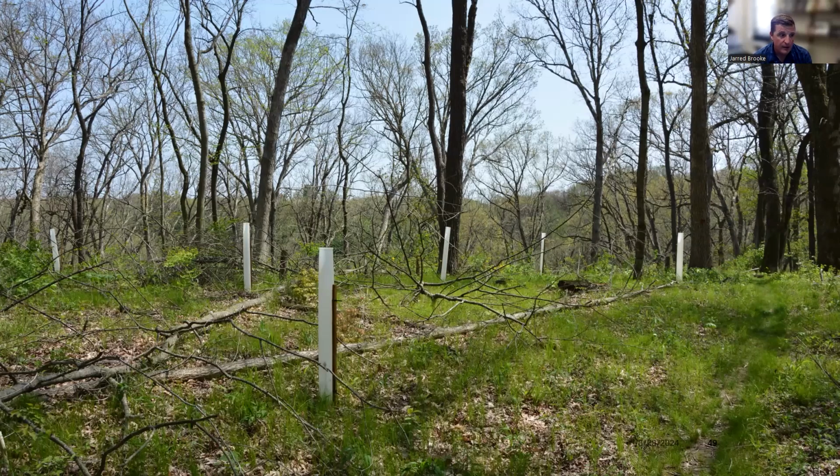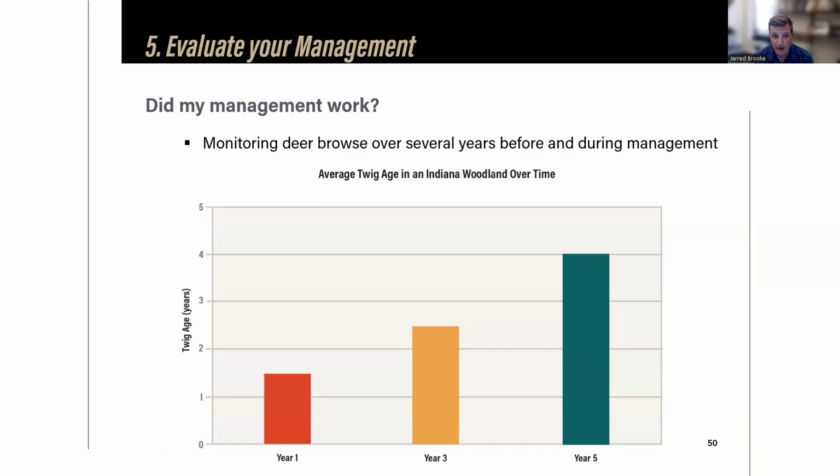And so once you've done your management, you need to think about how effective that management was over time. So with the monitoring methods, it's not necessarily just a one and done type activity. It's something that you need to come back to every now and then in your woodland to really get a gauge on how things like twig age change over time, right?